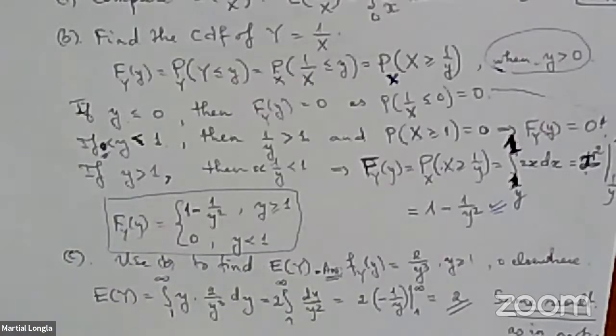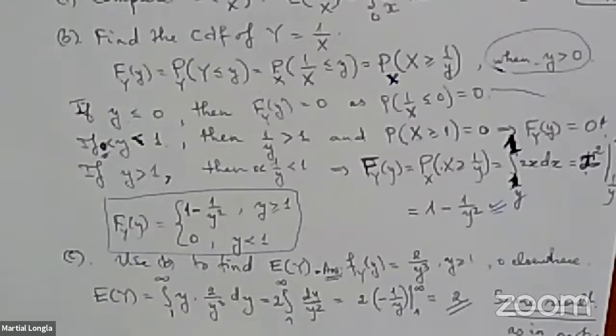Before 1, it's 0. After 1, it's 1 minus 1 over y squared. And then you need to make sure, as I was saying, of continuity. This function is continuous. It doesn't matter where I put 1, here or there. Check. Plug in 1 up here: 1 minus 1 over 1 is 0, right?